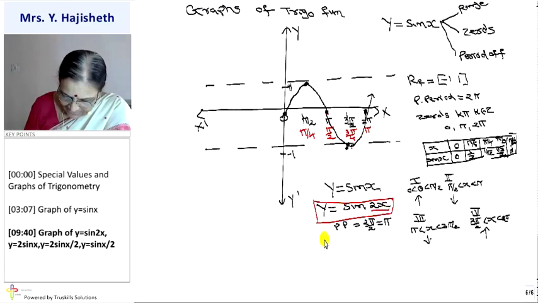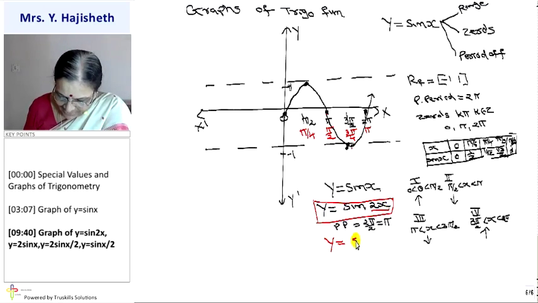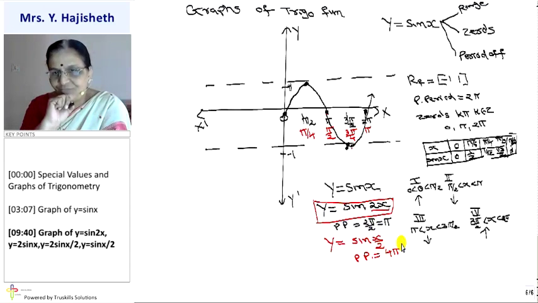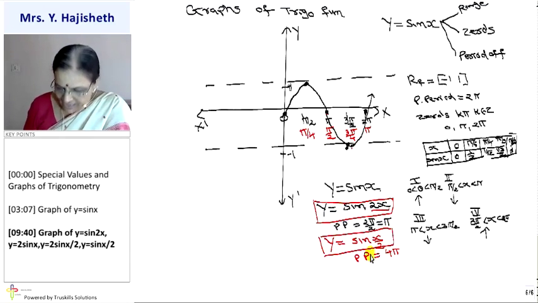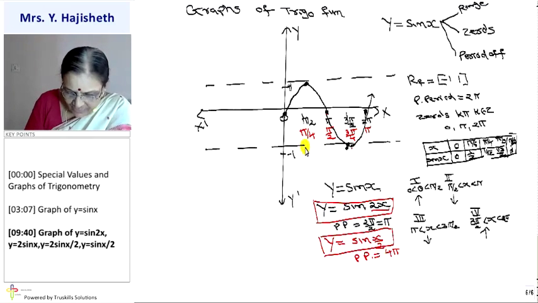Suppose I am asked to draw the graph of y is sin x by 2. Then the principal period, instead of pi, is 2 pi upon 1/2, so 4 pi. For this graph, again there is no change in range. Here I should make this value double.